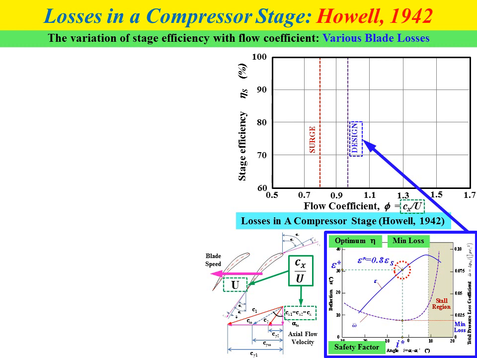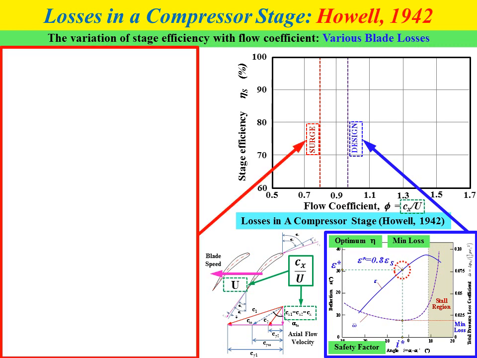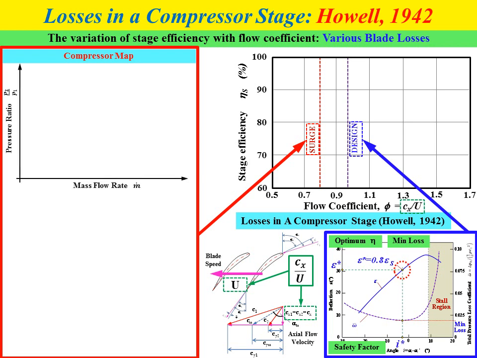So the second important condition or line we call the surge line. In order to understand the meaning of surge or the surging phenomena, we need to consider a compressor map, or other names for it, the compressor characteristic graph or performance map.